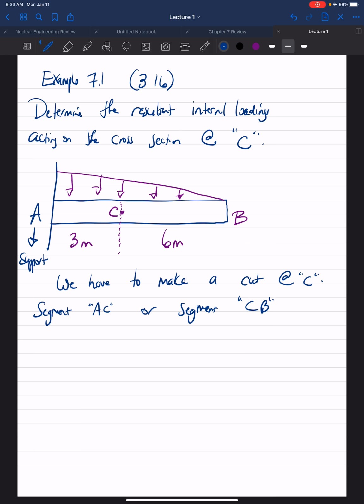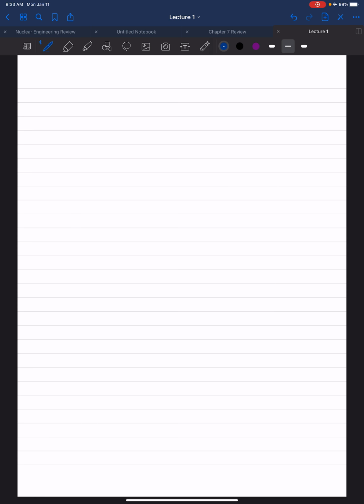Okay, so reproducing the free body diagram after making the cut at C, let's go to a fresh page.